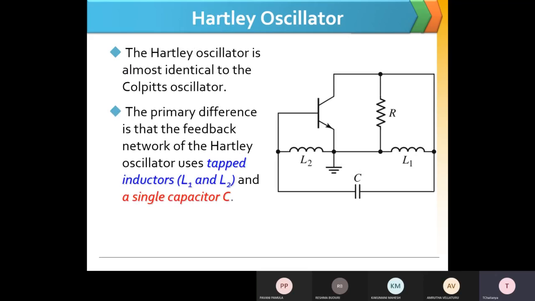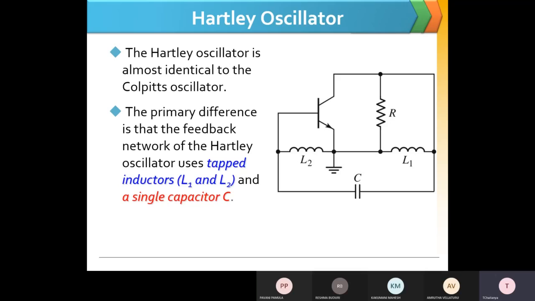Next is the Hartley oscillator. In the Hartley oscillator, we use two inductors and only one capacitor, two inductors in series and one capacitor attached to the tank. The Hartley oscillator is almost identical to the Colpitts oscillator.